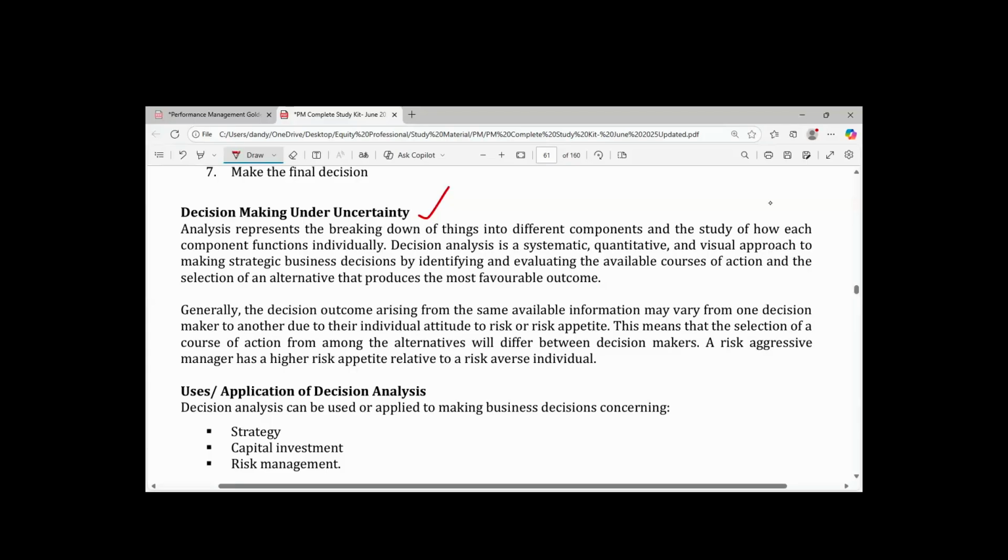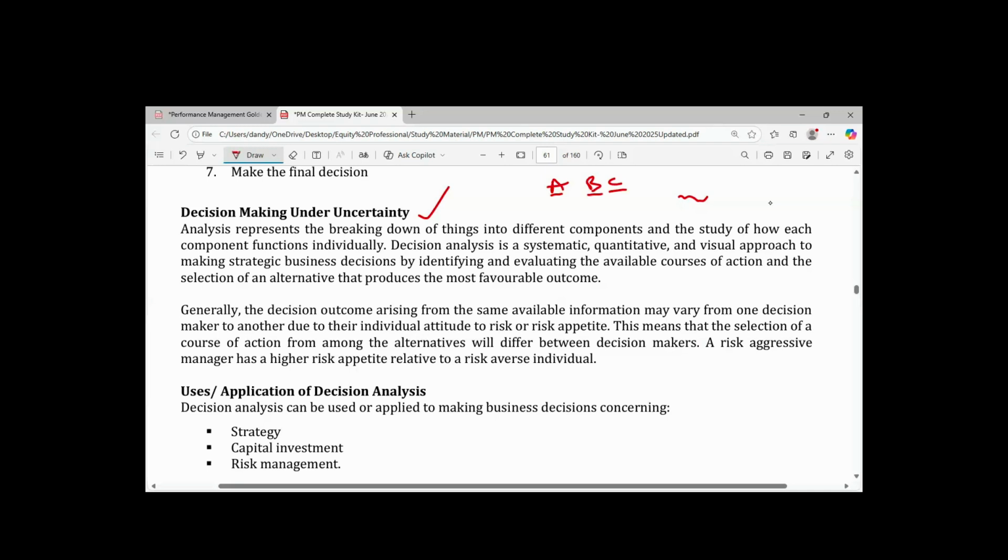Now, generally, the decision outcome at the end of the day will vary among different decision makers because every individual manager has a different risk appetite, right? Say, for example, I have alternatives A, B, and C, three mutually exclusive projects, and you have three different decision makers or investors.